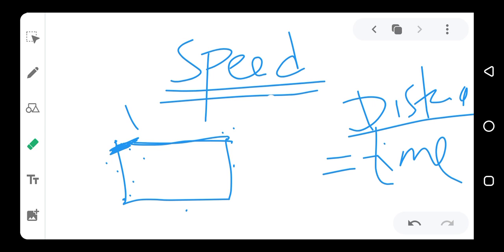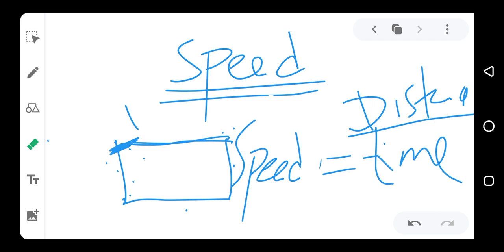You can say speed actually, and you can represent it with small letter s or leave it as speed. But what we do is that most of the time we leave it as v, which is still the symbol for velocity.